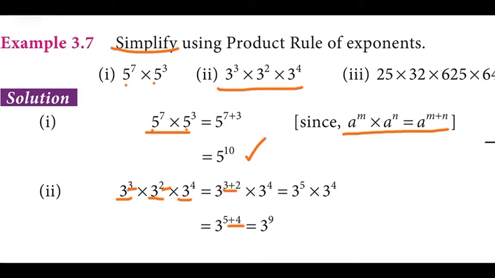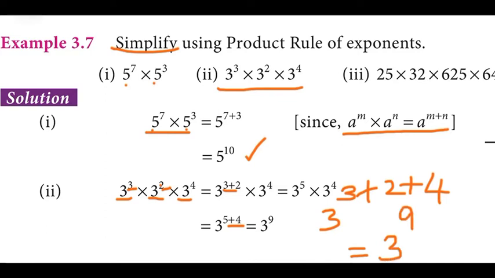We can write it directly also: 3 power 3 plus 2 plus 4, 3 plus 2 is 5, 5 plus 4 is 9, so that is equal to 3 power 9. If the base is the same, you can add any number of powers.